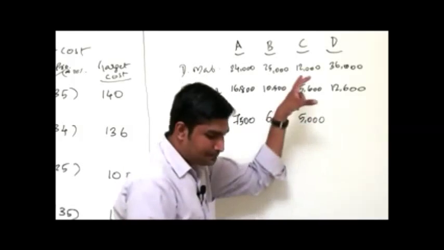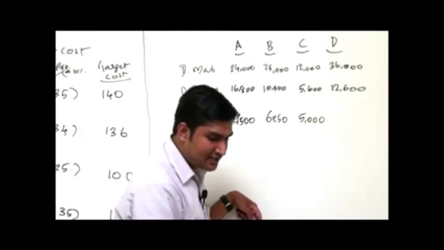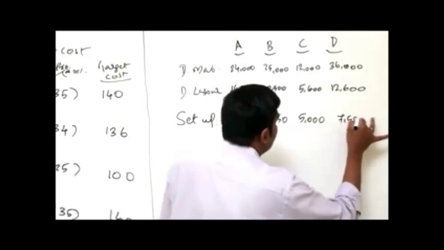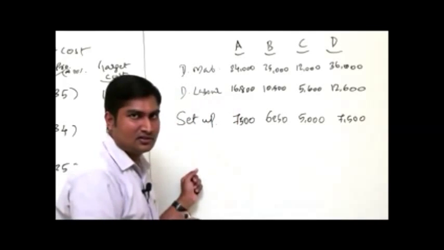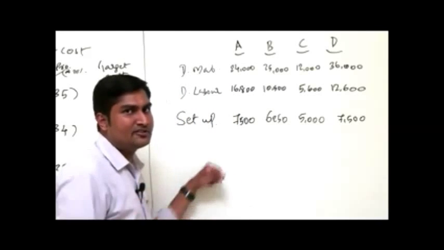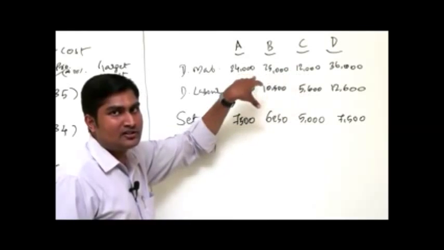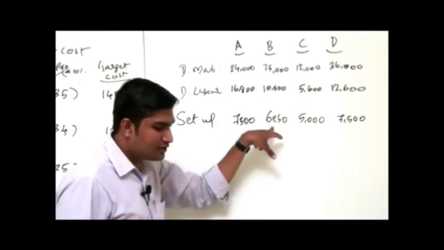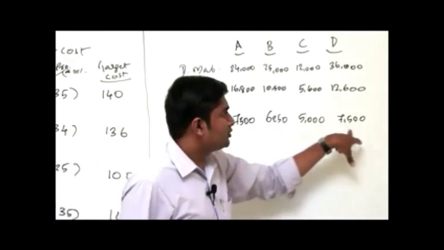And 250 into D's production runs 30, it would be again 7,500. That is just multiplying number of production runs per each product into the cost per activity, that is 250.